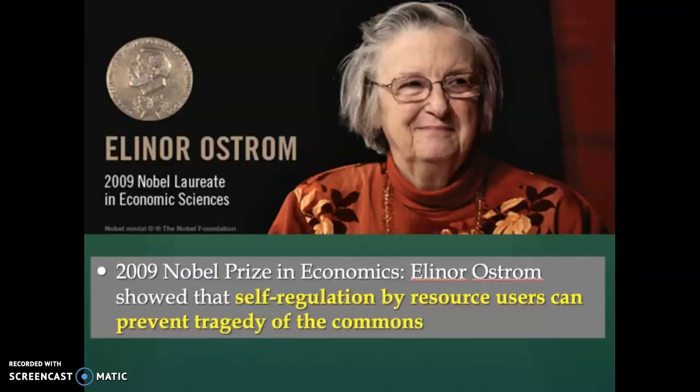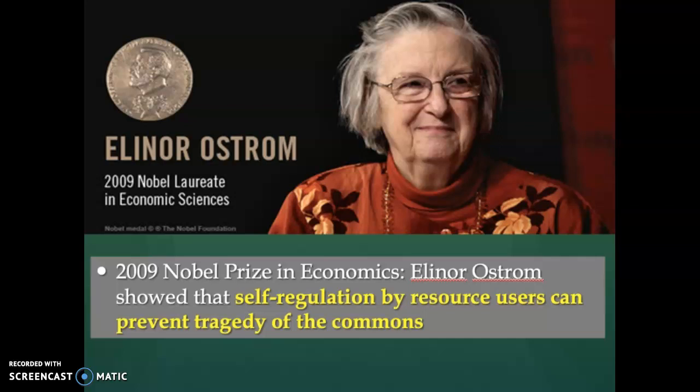So then we have this amazing woman, Elinor Ostrom, and she just died, I think it was 2010. And so she's from Indiana University, I believe. She won the Nobel Prize in Economics, and she showed that self-regulation can prevent the tragedy of the commons.